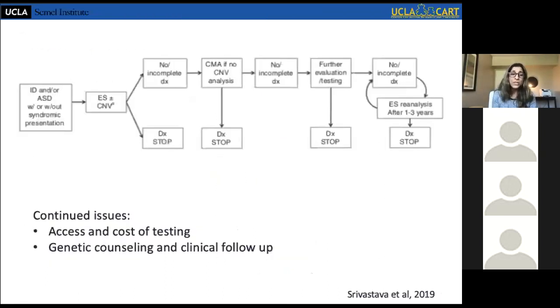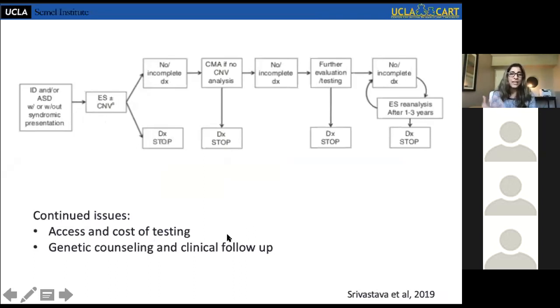In that particular analysis, they went on to recommend that any patient who has either intellectual disability or autism, regardless of whether they have a more syndromic presentation, which we'll talk about, should undergo both whole exome sequencing and the chromosomal microarray. Now, that's a great recommendation.